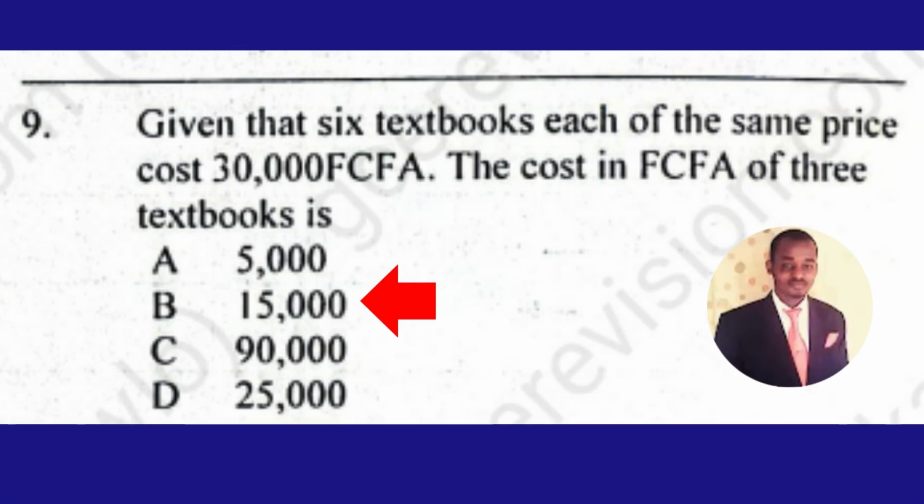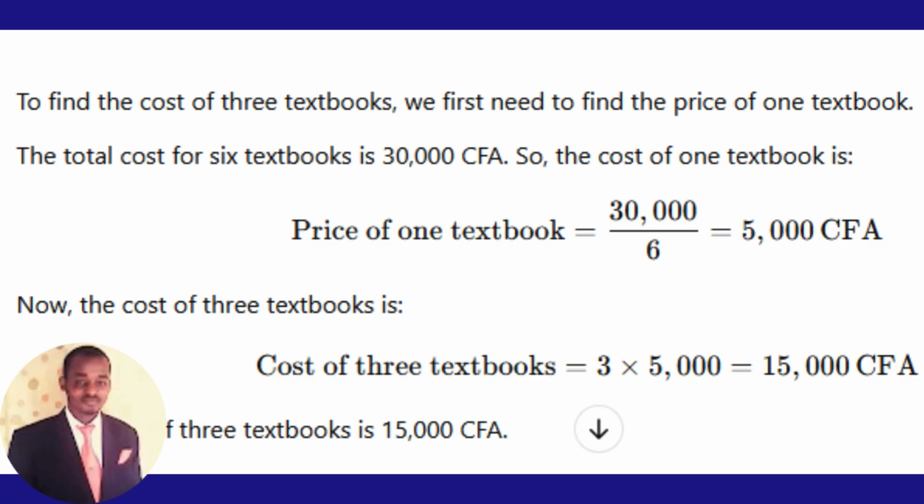Question 9. Given that 6 textbooks each of the same price cost 30,000 francs, the cost in CFA of 3 textbooks is, the correct answer is 15,000, right? So let's see how we came about this. To find the cost of 3 textbooks, we first need to find the price of 1 textbook.